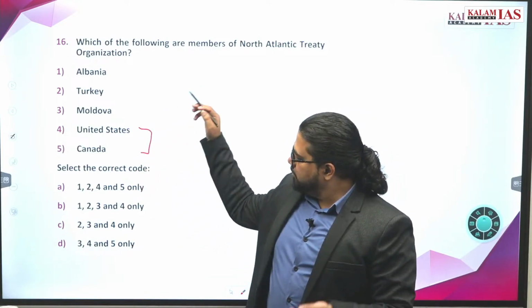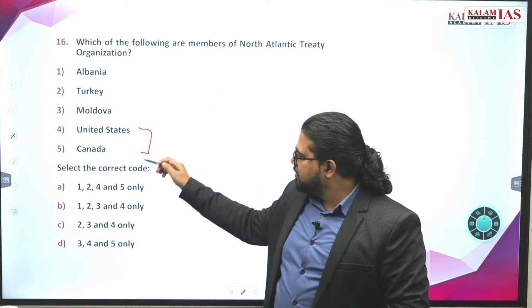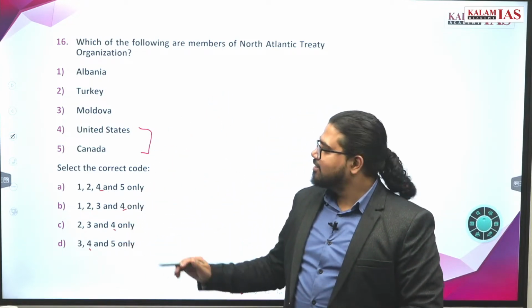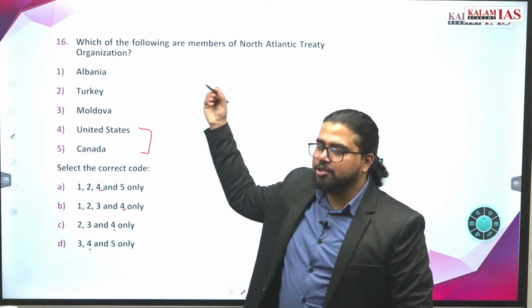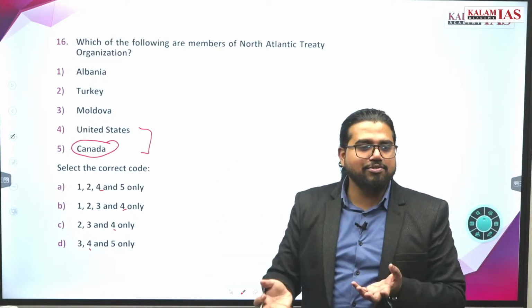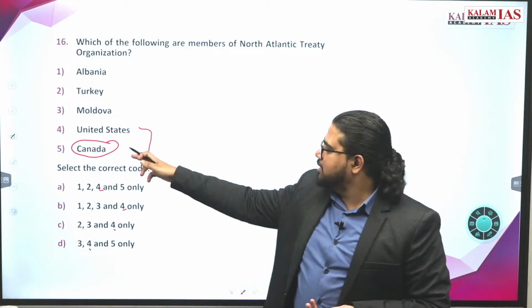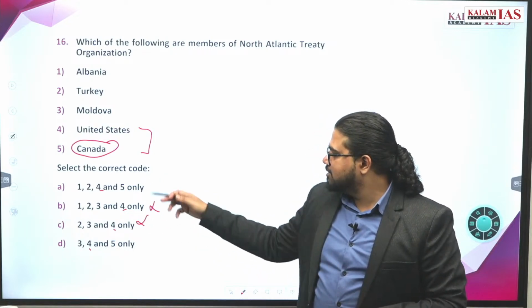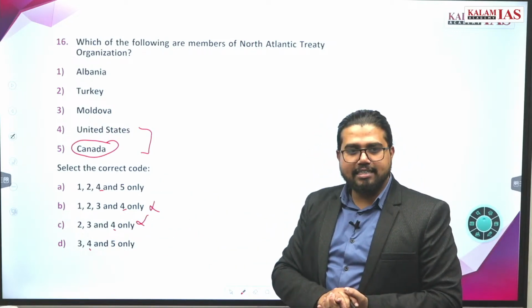Even if you don't know anything, 4 should be part of it. But unfortunately 4 is everywhere. So find one country you can be very sure of. You know Canada is part of it. Canada is always with the US in most of these things. So 5 should be there, and we can eliminate 2 options. What is left? A and D.